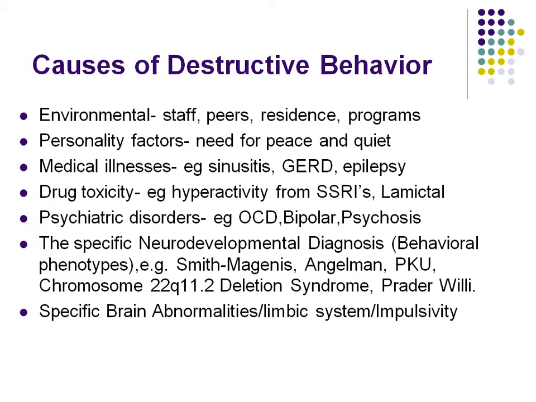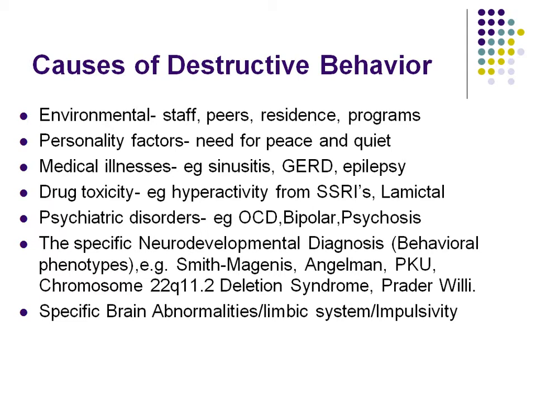Also consider the specific neurodevelopmental diagnosis, because there are a lot of behavioral phenotypes. For example, Smith-Magenis. The people with Smith-Magenis syndrome have an insatiable need for attention, and if they don't get it, they'll act out. People with Angelman syndrome can be very mischievous and like to create a disruption.